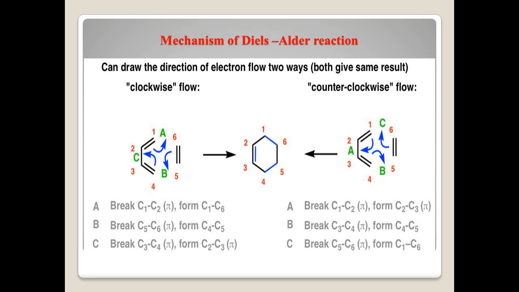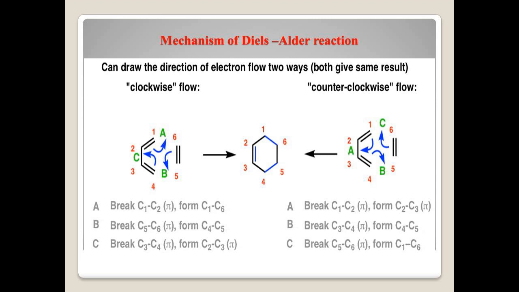Next, counterclockwise, how the bonds break to give the same product, the adduct compound. You can look at carbon 1 and carbon 2, having a double bond that contains one pi bond. The pi bond breaks and forms a pi bond between carbon 2 and carbon 3.